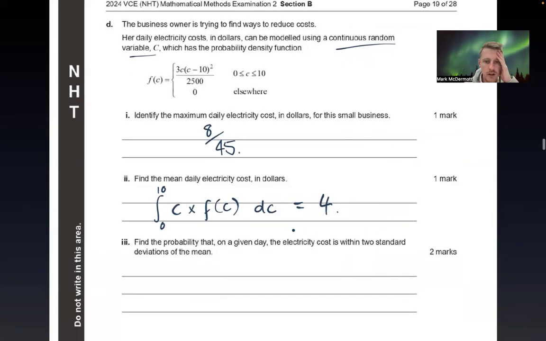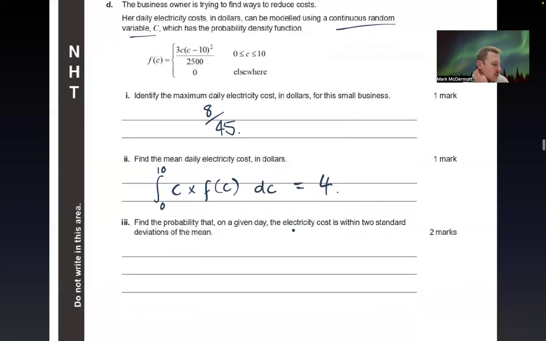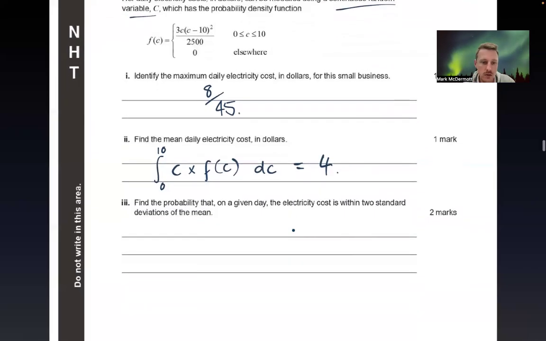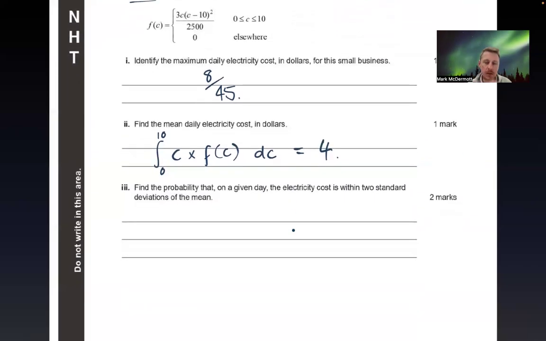Find the probability that on a given day, the electricity cost is within 2 standard deviations of the mean. Again, have a look at your formula sheet. It gives you the variance. The variance is the integral from 0 to 10 of (x minus the mean) squared times f, so in our case (c minus 4) squared times f of c dc.